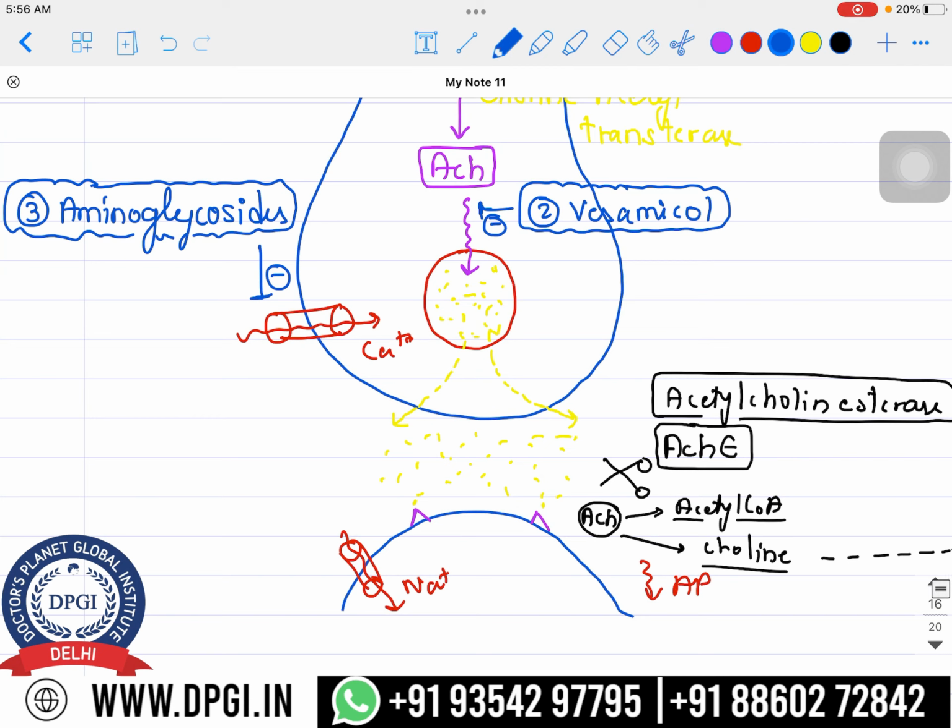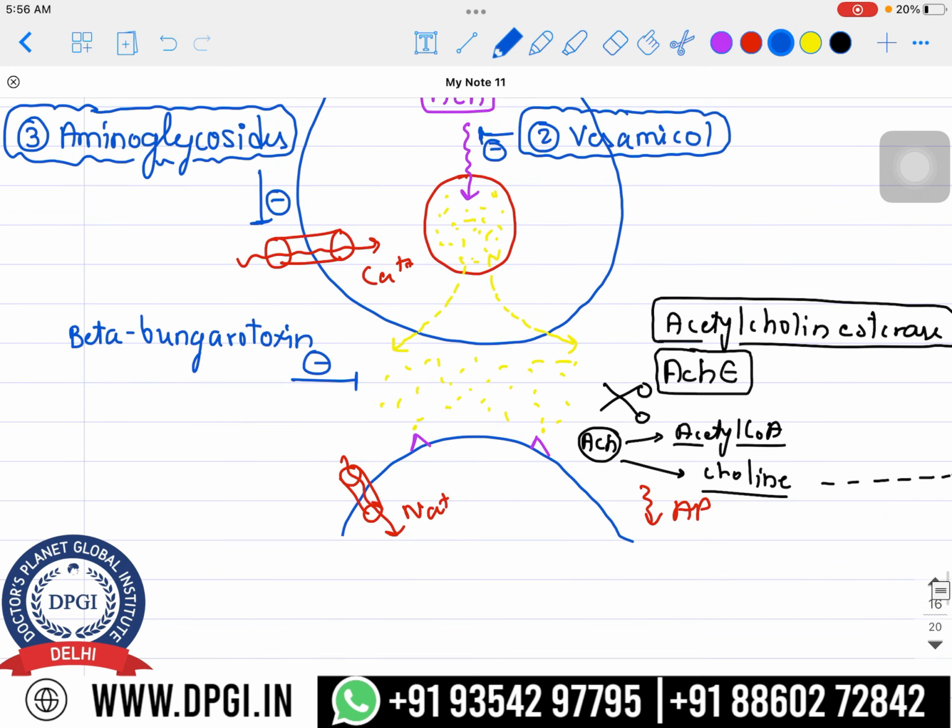And the fourth drug, which works on the exocytosis directly, is beta bungarotoxin, which comes from snake venom, basically the krait snake.